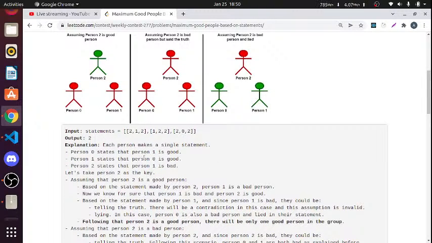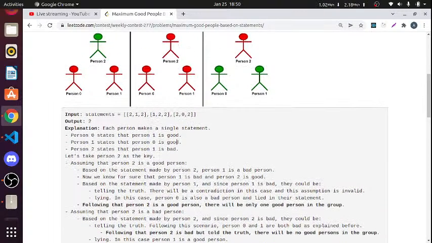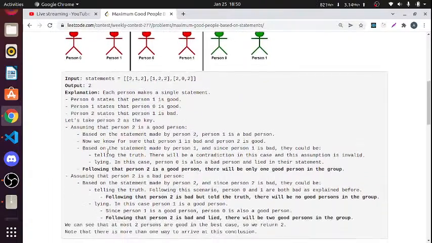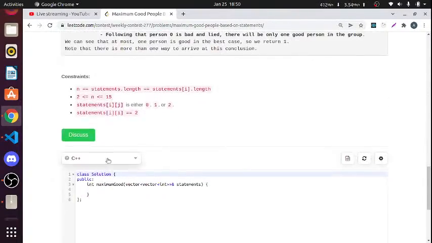Person 0 stated that person 1 is good, right? And person 1 stated that person 0 is good. And person 2 stated that person 1 is bad. So we have to find the maximum number of people that could be good. Oh, it's a little bit contradictory.